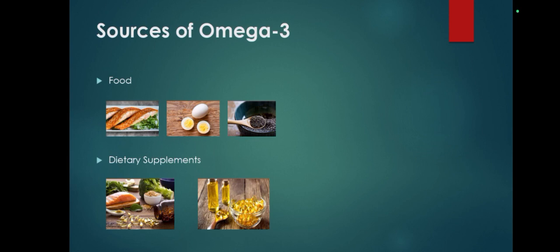Dietary supplements can contain several different forms of omega-3s, including natural triglycerides, free fatty acids, and ethyl esters. Also, krill oil contains omega-3s primarily as phospholipids.